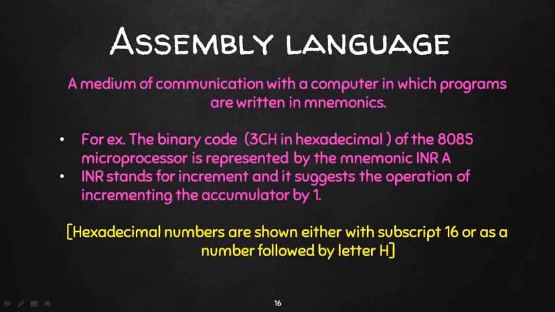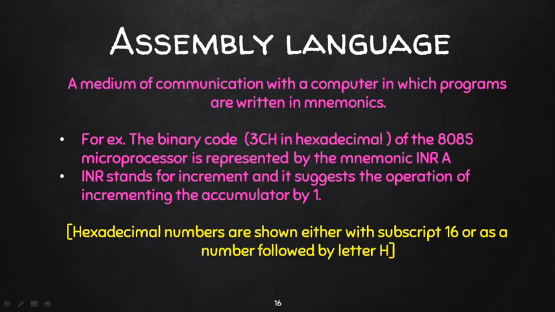For example, the binary code for 3CH. Always remember, hexadecimal numbers are shown either with subscript 16 or as a number followed by the capital letter H, and hence 3CH means 3C in hexadecimal.